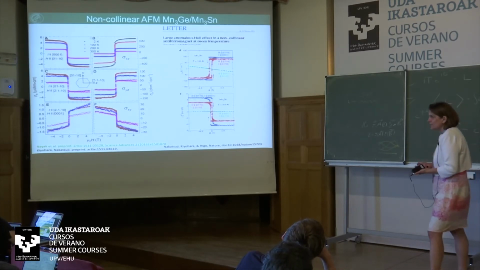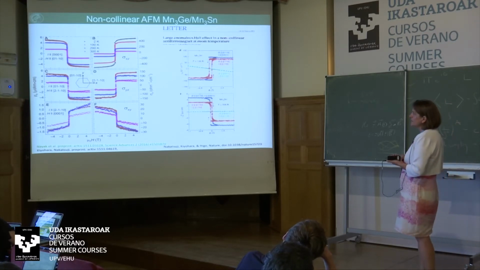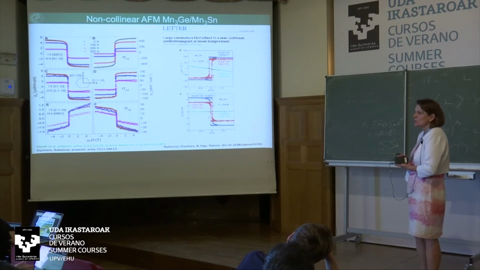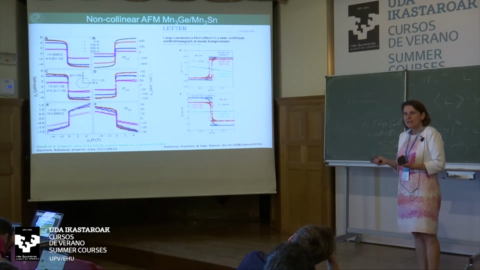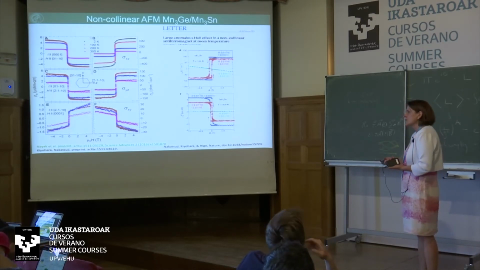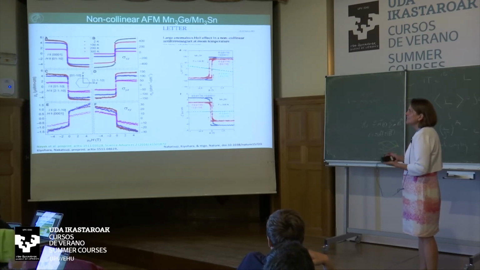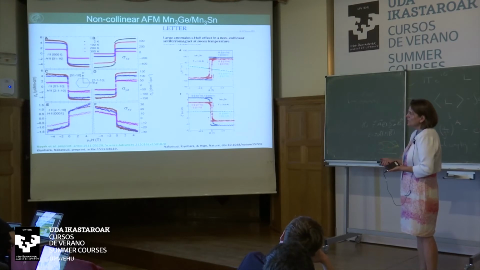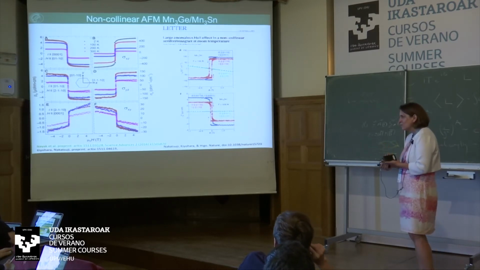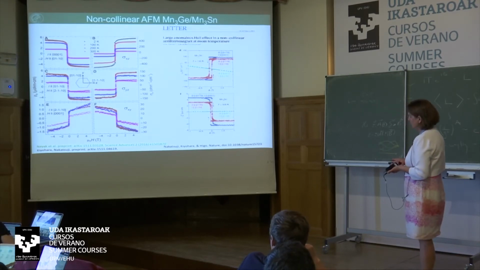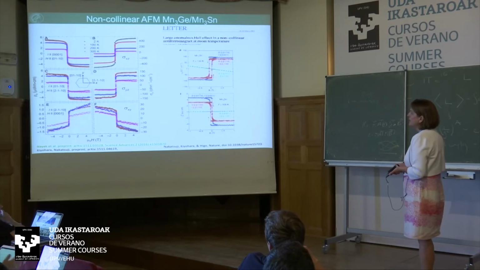And in this sense, I have to say sorry, Stuart, because he was in some sense right. The advantage of this material is there's a tiny moment because of this chiral antiferromagnetic structure, which allows us to have a handle on the domains and really see, if we apply a magnetic field, this giant anomalous Hall effect. It's a tiny, tiny moment, which Stuart always thought was dirt, but it's really related to the anomalous Hall effect.